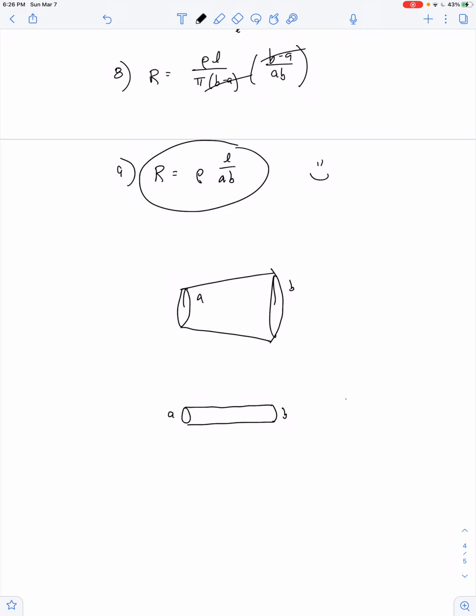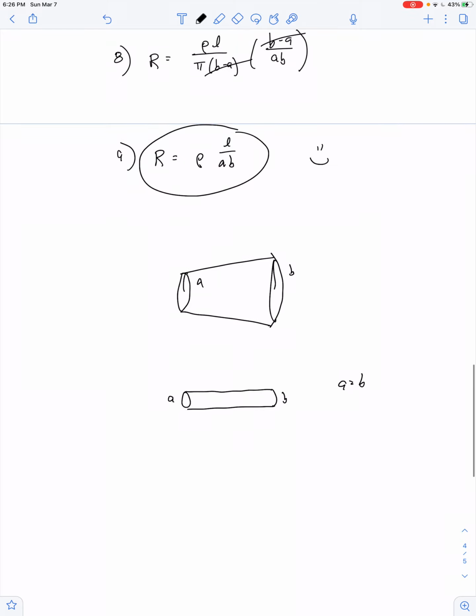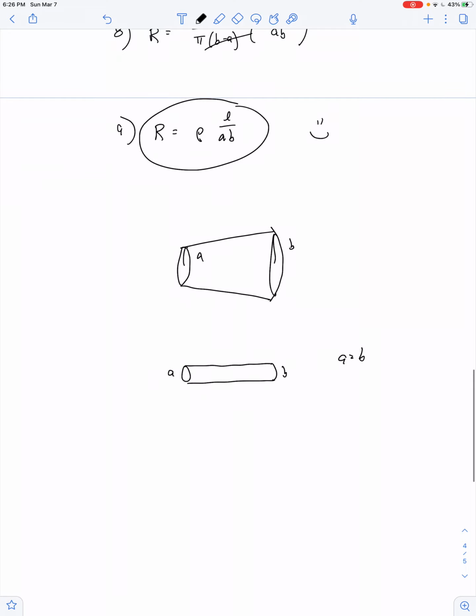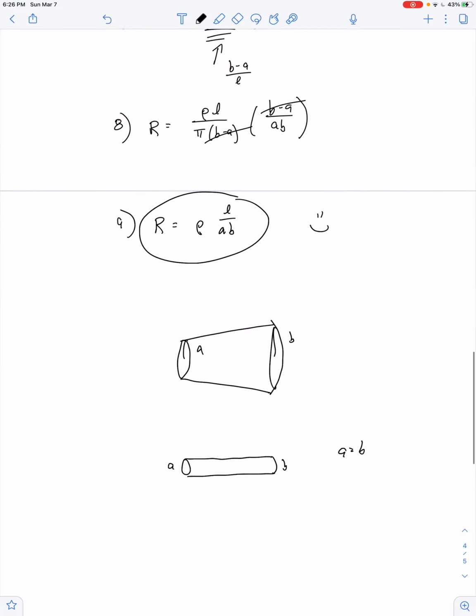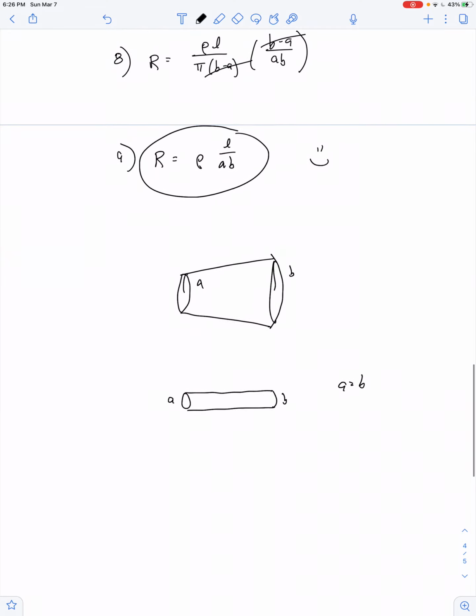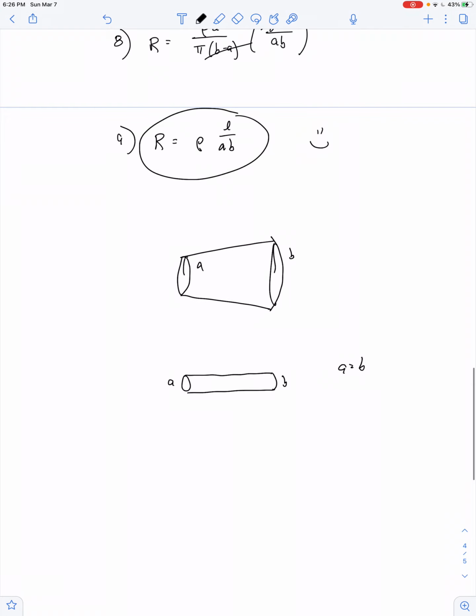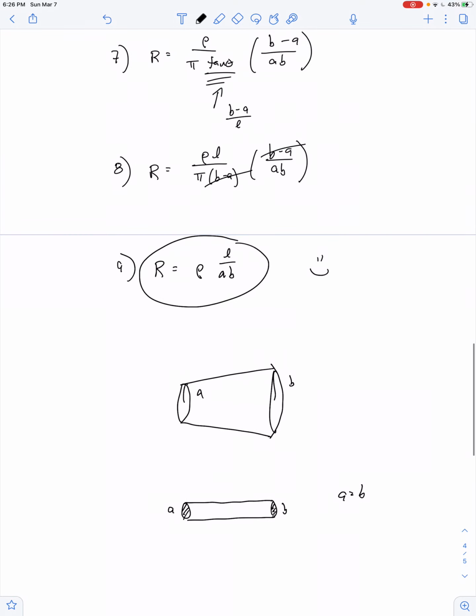In other words, A equals B. Oh, sorry, I left out a pi here, didn't I?